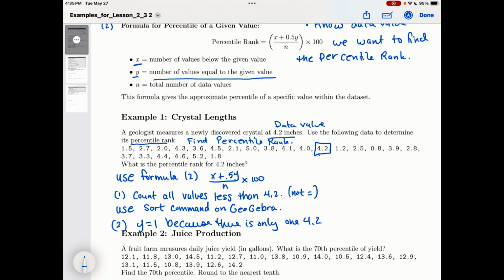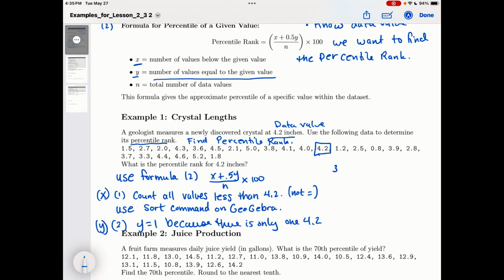Okay, so finding x, y, and n, those are the main things. In step 1, we have to find x, the number of values that are less than 4.2. We haven't done that yet, but we are going to. In step 2, we found y, and y is going to be 1 because I only see one data value as 4.2.